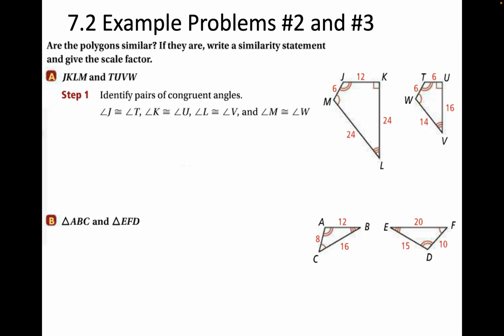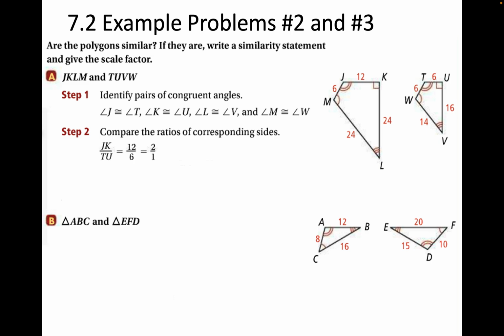So for quadrilaterals in this case to be similar, 2 things have to be the case. The first is they have to have corresponding angles congruent, and these do. The second thing they need is for the ratios of their corresponding sides to be equal, or proportionate. So let's take a look at that.